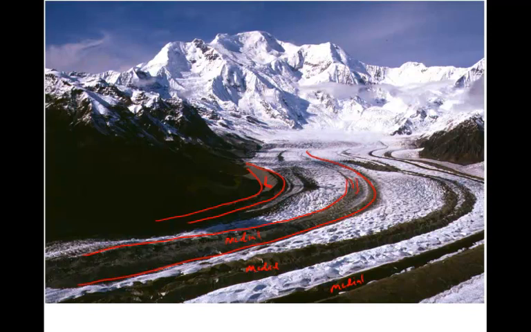Again, each of these medial moraines can be traced upstream to where a tributary glacier joined with the main valley glacier, and can be used to infer the flow directions of the ice. In other words, the glacier ice is flowing parallel to those medial moraines as if it was following the lanes on a highway.